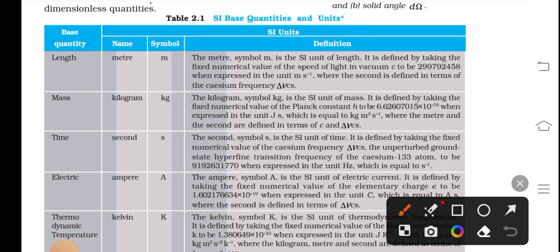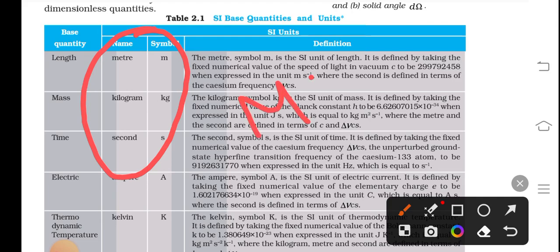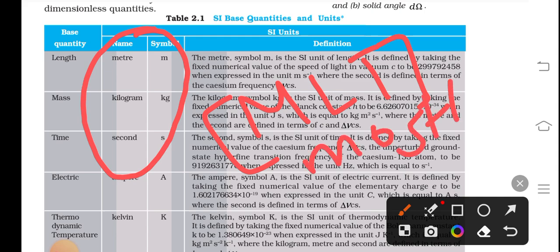In all these basic units, we generally and mostly use these three only: meter, kilogram, and second. Like for writing dimension units, for mass, length, time. So generally to derive, mostly, not all, mostly we use only three.